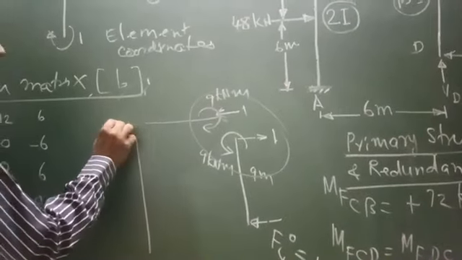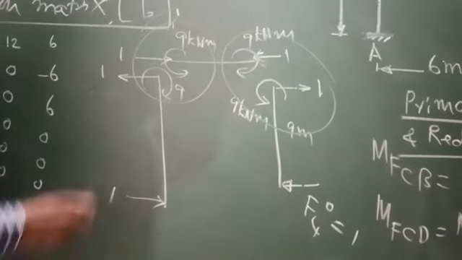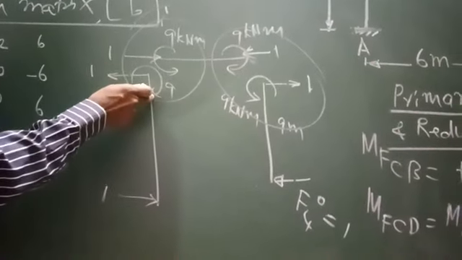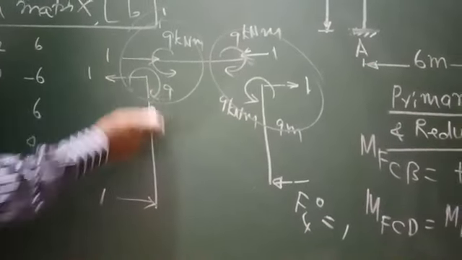Coming to this member, when this is 1 towards left, this is 1 towards right. Now, this is a clockwise moment. When we take moment about this point, this plus 9, because this is 12 meters. So, 9 clockwise, 1 into 12, 12 anti-clockwise. Therefore, you require about 3 kN-meter.